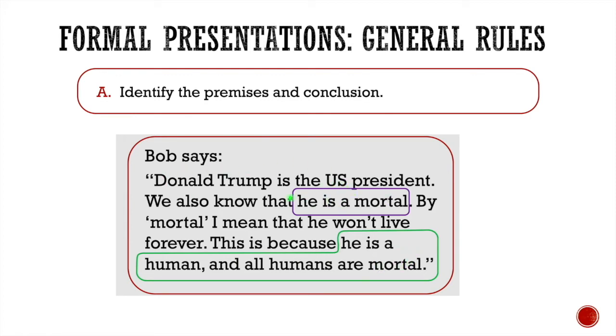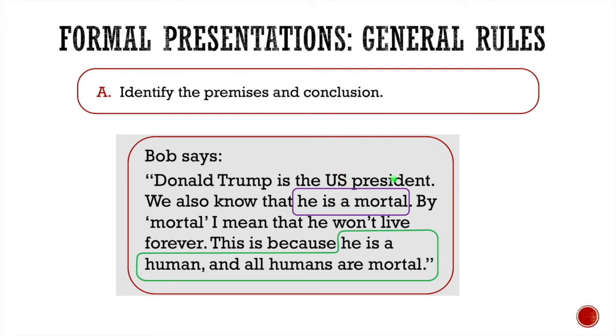What about the rest of the quote? Are any of these premises or conclusions? We don't have any other premise indicators or conclusion indicators. So we just need to look at these sentences by themselves to see if they actually are premises. And this first sentence, Donald Trump is the US president, well, this isn't really being used as part of the reason for establishing this conclusion. So this isn't really a premise.